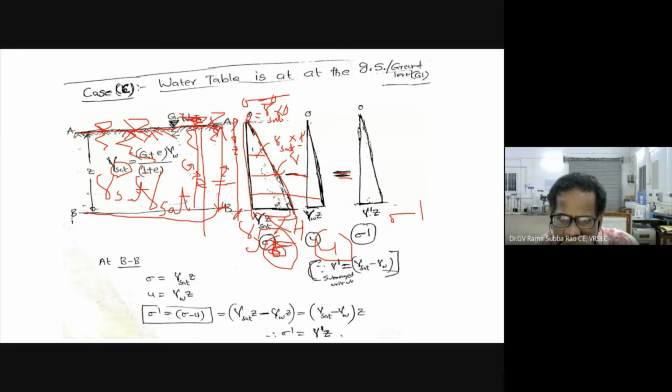Try to join these extremities, you will get a linear variation. From this we can interpret that as the depth increases, stress increases. This is the total stress, due to the weight of the soil, that is, gamma saturated.